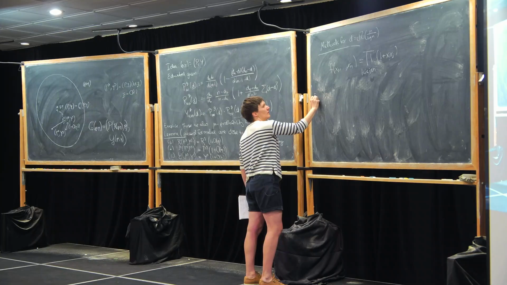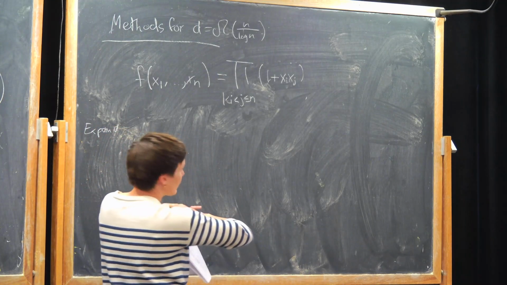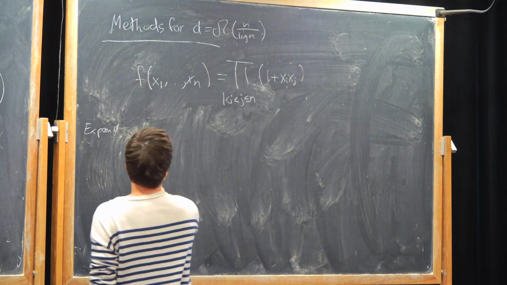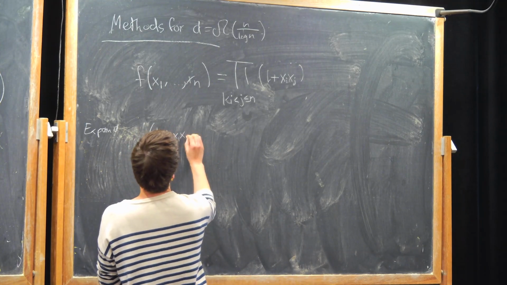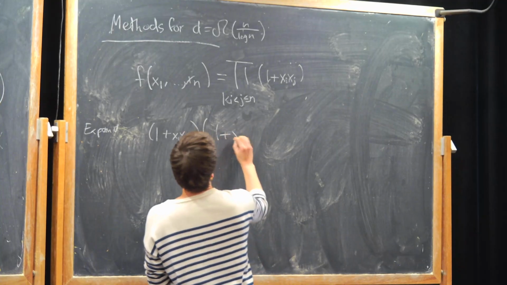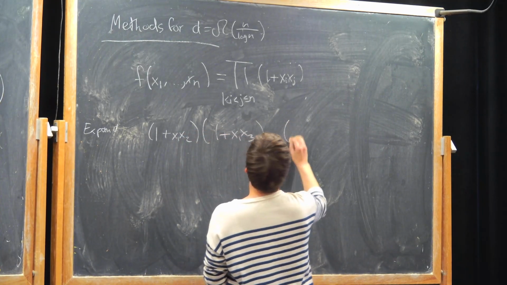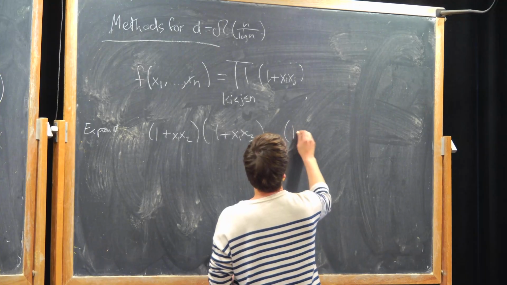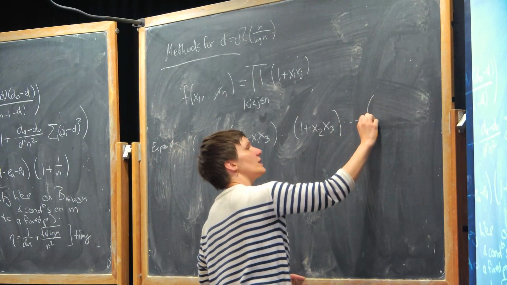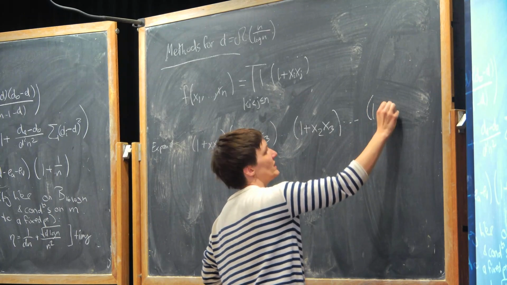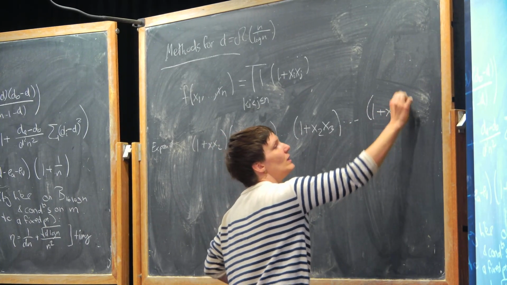Expand and write out your set of monomials. Okay, so we have, say, 1 plus x1 x2 times 1 plus x1 x3 times 1 plus x2 x3 times 1 plus, let's say, x2 x10, I don't know.